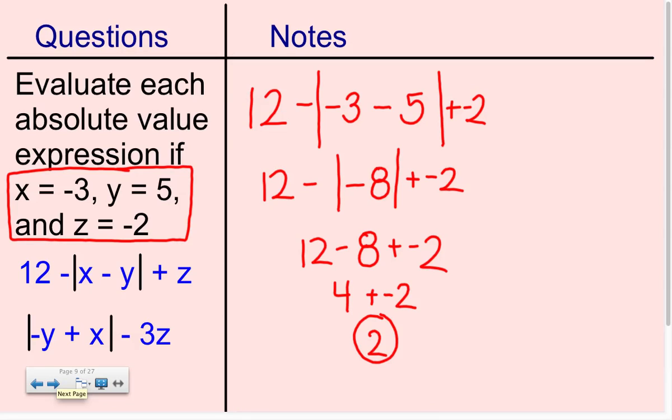Second one, -y, so that would make it -5, plus x, which is -3. Close my absolute value signs, minus 3z, and since they're touching each other, it's times a -2. All right, again, I'm going to work inside my absolute value sign first. -5 and -3 make -8.